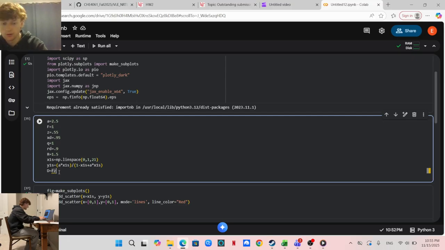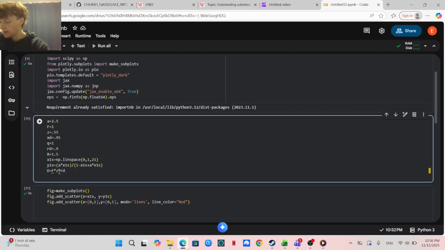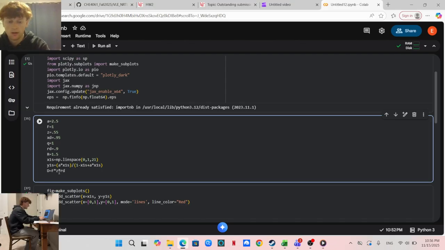So F times our Z times our RD, and then that's going to be divided by our XD, our mole fraction for the liquid at the distillate. Put parentheses around this, and then divide by our XD.